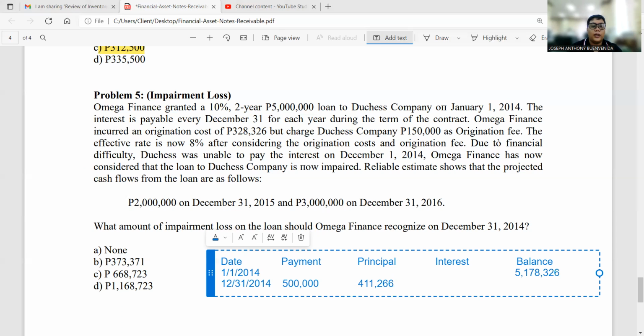Okay, so 500,000 less the 411,266. The interest is 88,734. Okay, so ang interest niya i-deduct siya sa initial na balance to get its new balance at December 31, 2014.